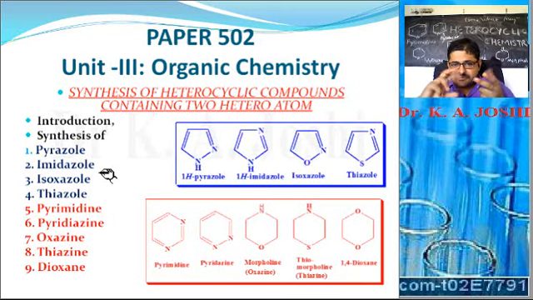So it's a small classification. The first four are 5-member, the remaining 5 are 6-member heterocyclic: pyrimidine, pyridazine, oxazine, thiazine, dioxane.